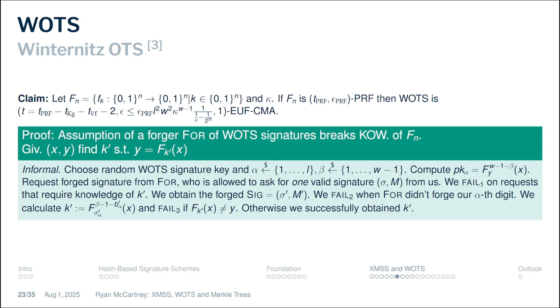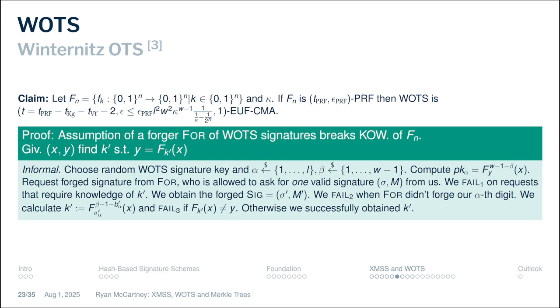In order to break the key one-wayness, we are given a riddle, which is some x and y, and we have to find k prime such that f applied with k prime on the known value x is y.